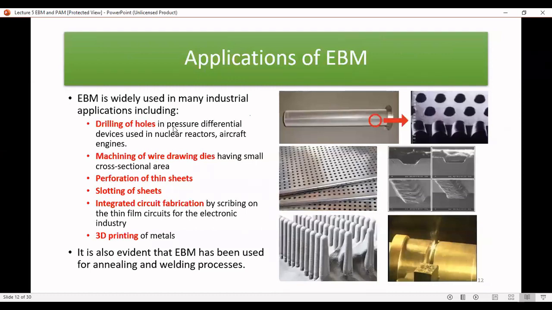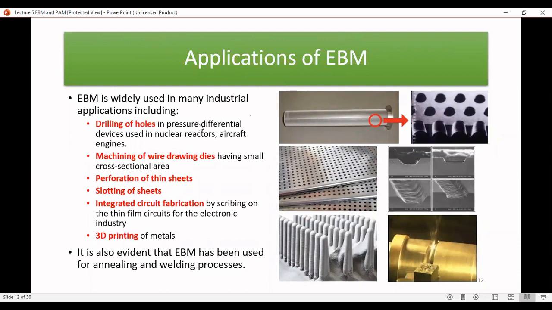Drilling holes in pressure differential devices, in nuclear reactors, aircraft engines, and so on. A pressure differential device is a hole that balances the pressure outside and inside.